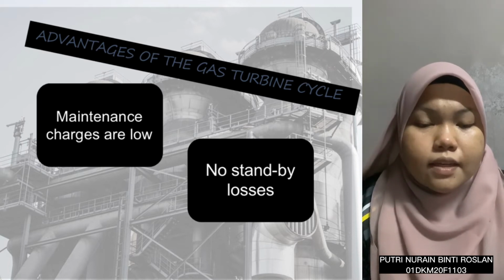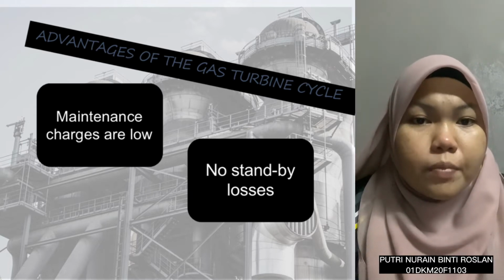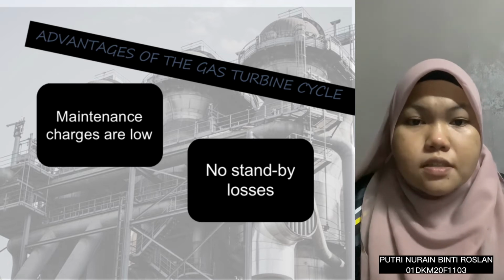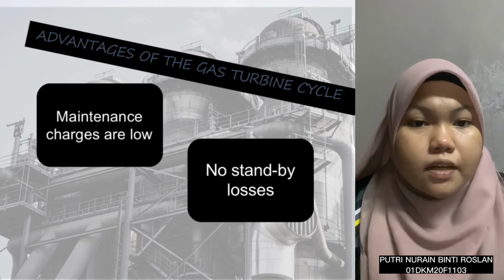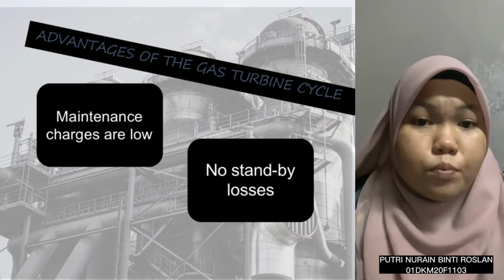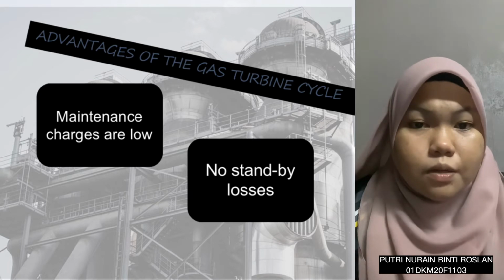Next, no standby loss. Standby loss in a power plant is defined as the fuel wasted when no generation is happening. For example, in a thermal plant, even if a generator is kept on standby, the boiler should still be run because it takes more than 24 hours to restart a boiler if it is shut down.